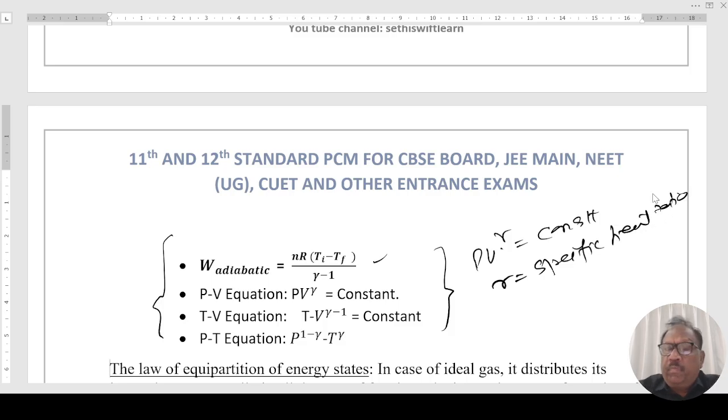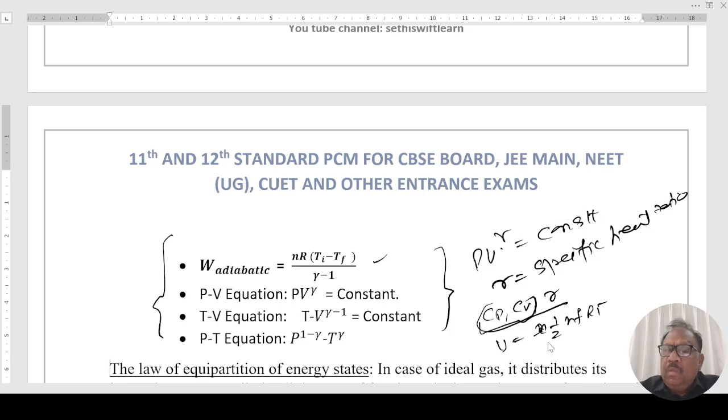If atomicity is known, Cp is known, Cv is known, gamma is known. According to the law of equipartition of energy, U equal to 1 by 2 nFRT.